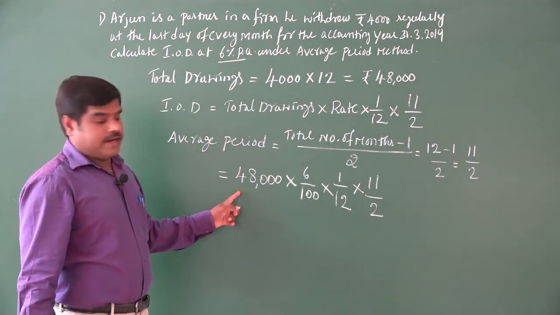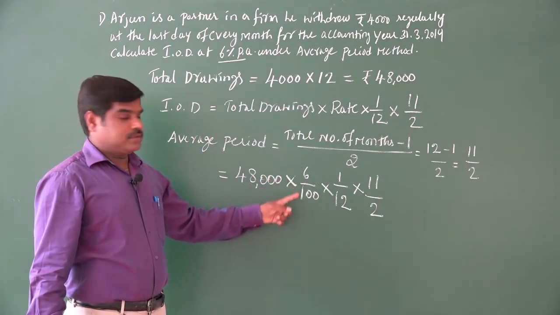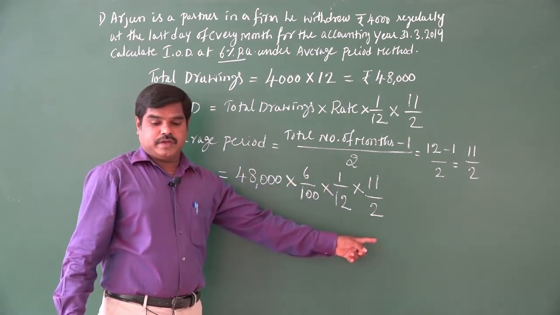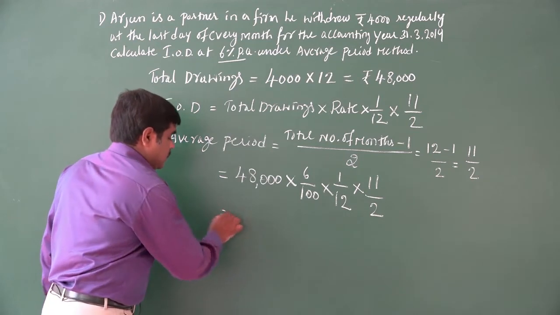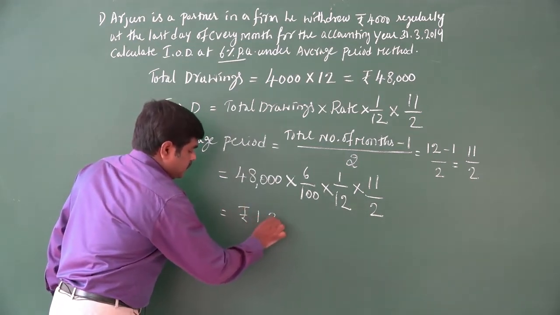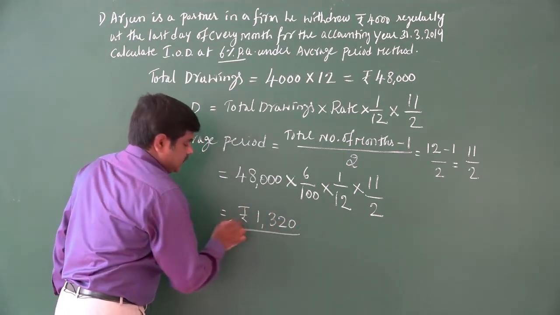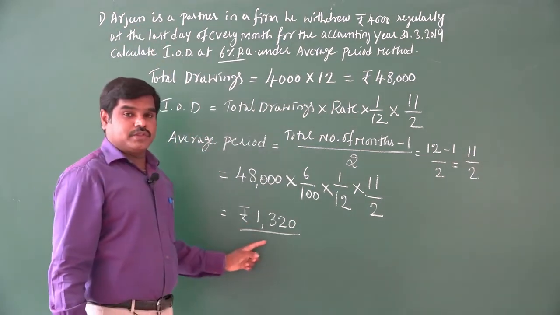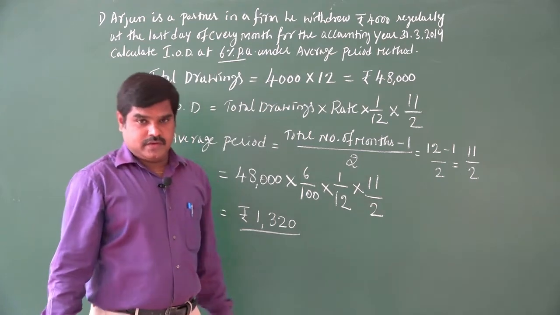So the final answer is rupees 1,320. So the interest on drawings of Arjun is rupees 1,320. Okay, we'll go to the next problem.